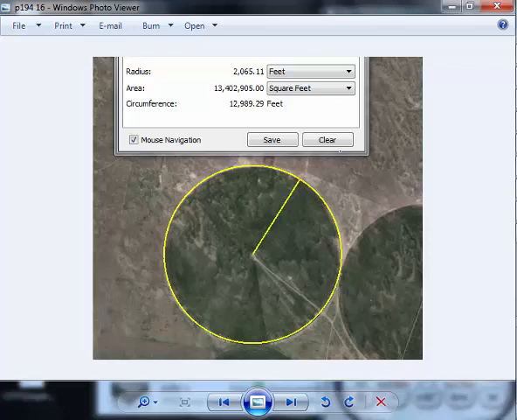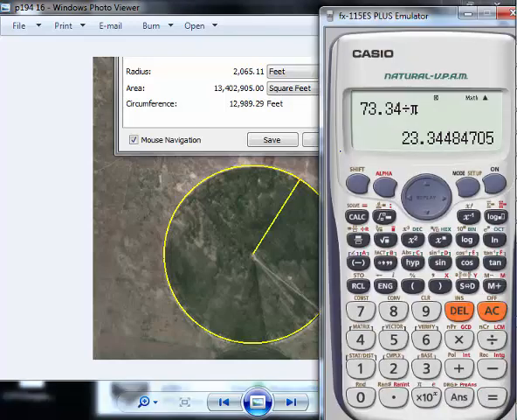So the circumference here is 12,989 feet, which I suppose we could do in miles. 12,989 divided by 5,280. So the distance around the park is 2.46 miles. Hey, that's pretty close to the one that's in the book.